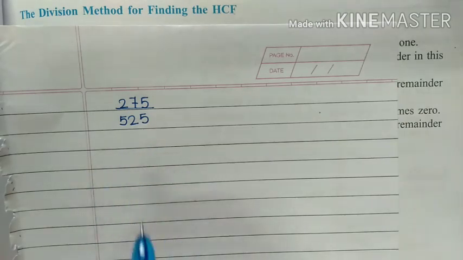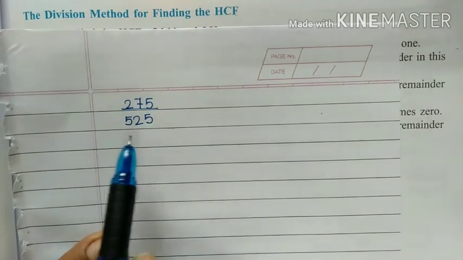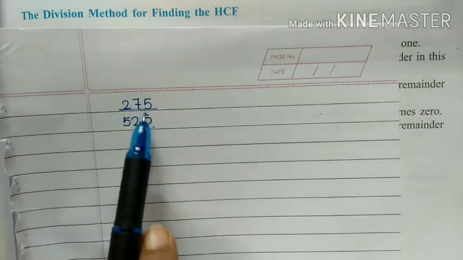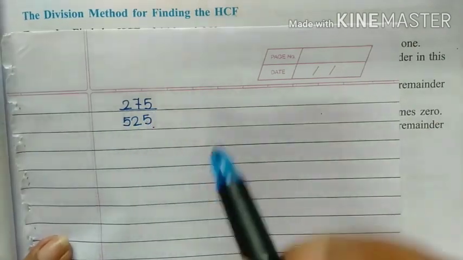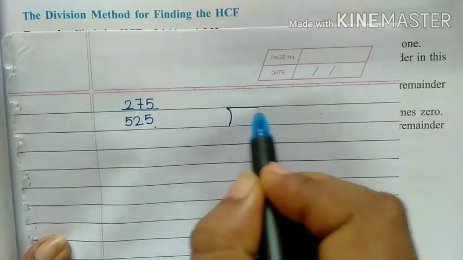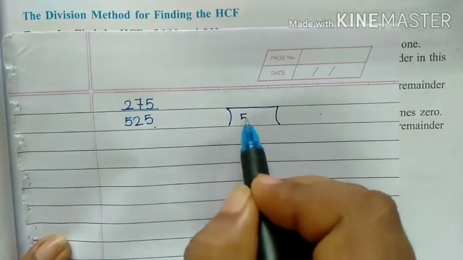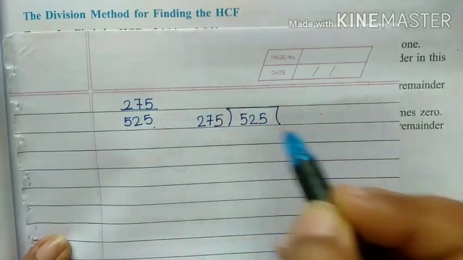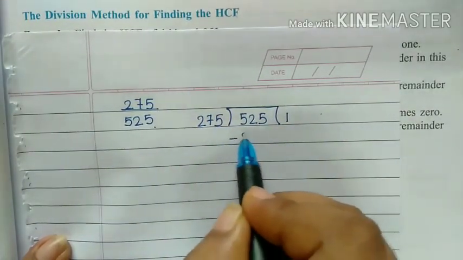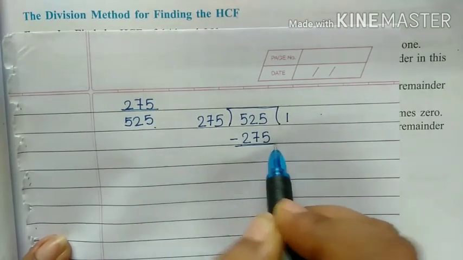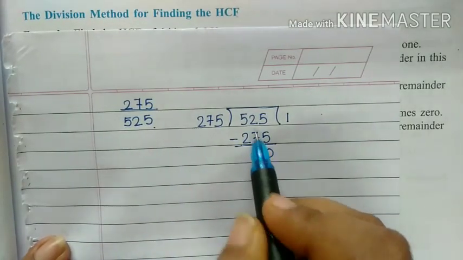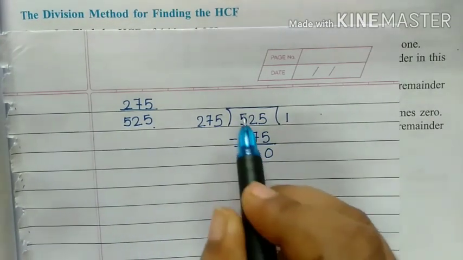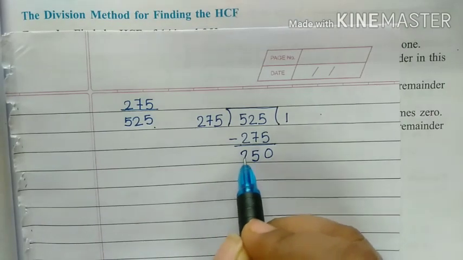I have to divide the greater number by the smaller number. 525 is the greater number, 275 is the smaller number. 525 divided by 275, once is 275 subtracted, the remainder is 250.